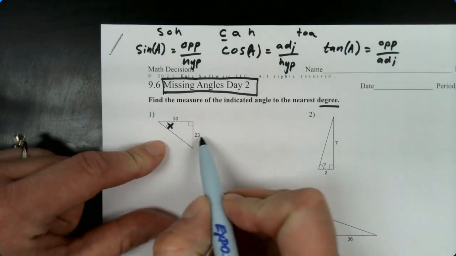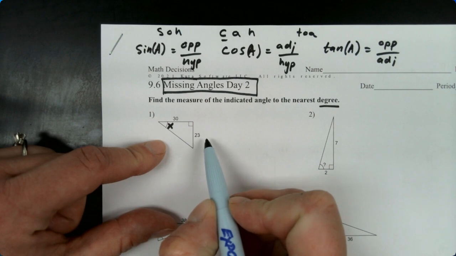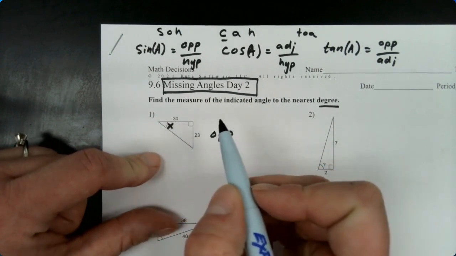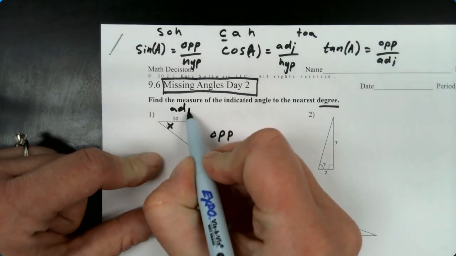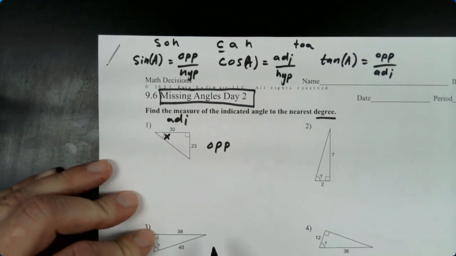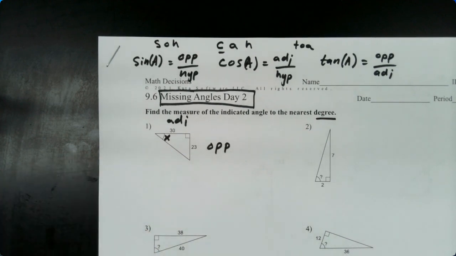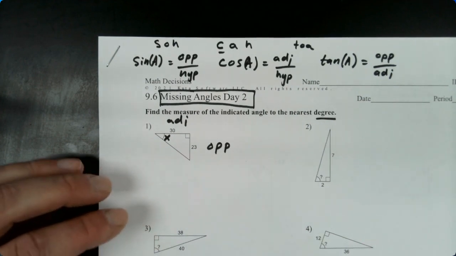So let's see. What side would 23 be? Good, opposite. Well, how about 30? Good, adjacent. Okay, so what relationship are we going to use? Sine, cosine, or tangent? Good, tangent. So I'm calling my angle X, but you can call it whatever.